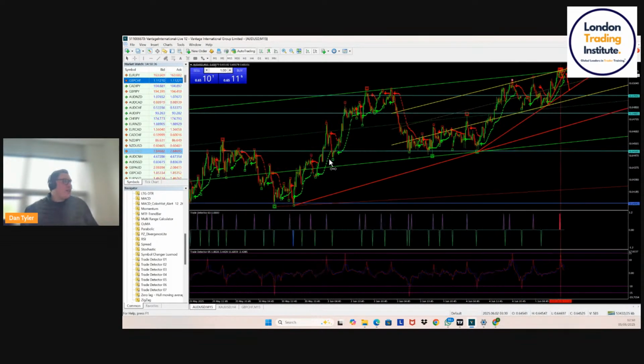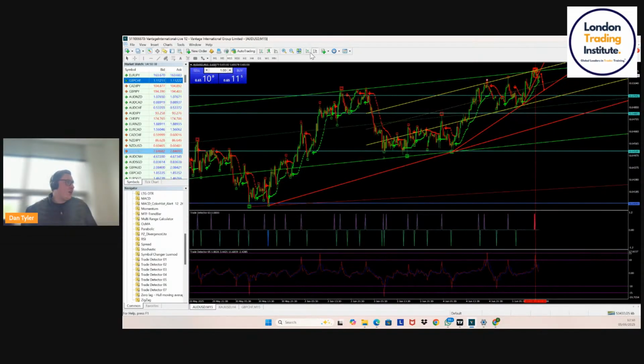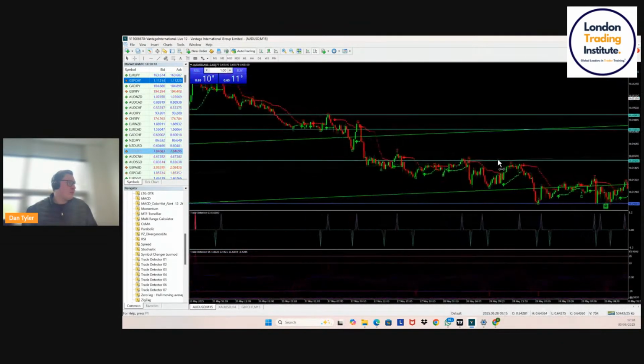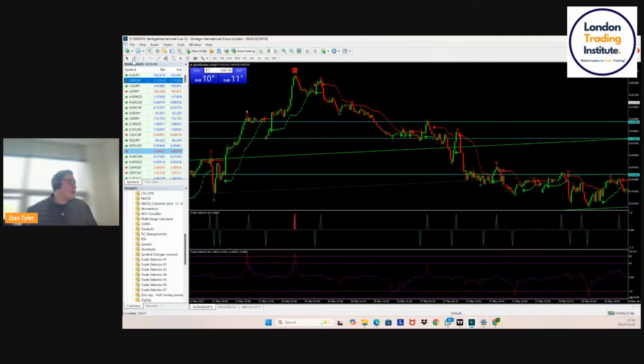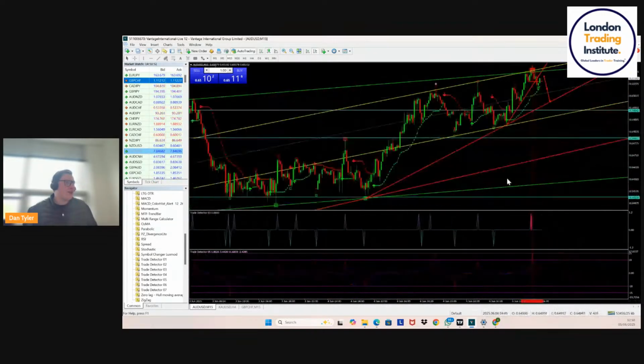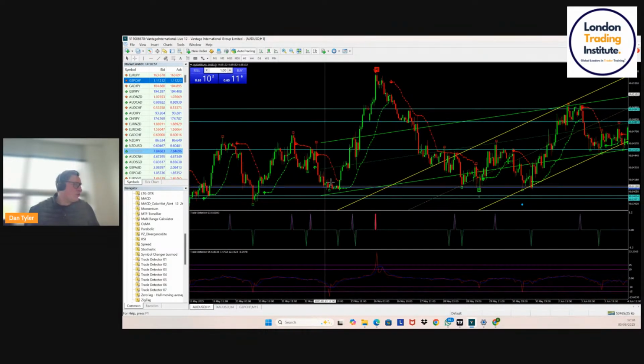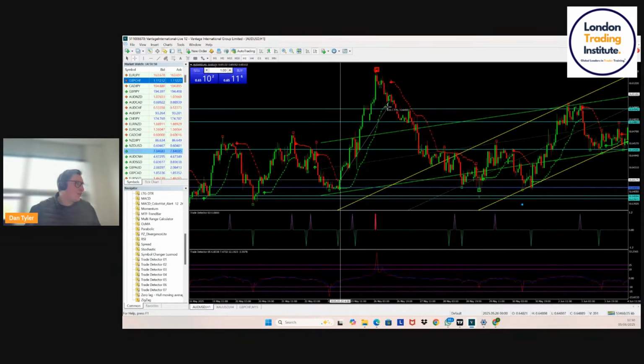This works fantastically under the right conditions. Look at some of the signals that you can get. Again, here, down to here. This is just a 15-minute time frame as well, by the way, guys. So you can do this on any time frame. Even if we looked at the 1 hour, you can see the types of moves that you can get. You could have ridden an uptrend from here to here, 87 pips.